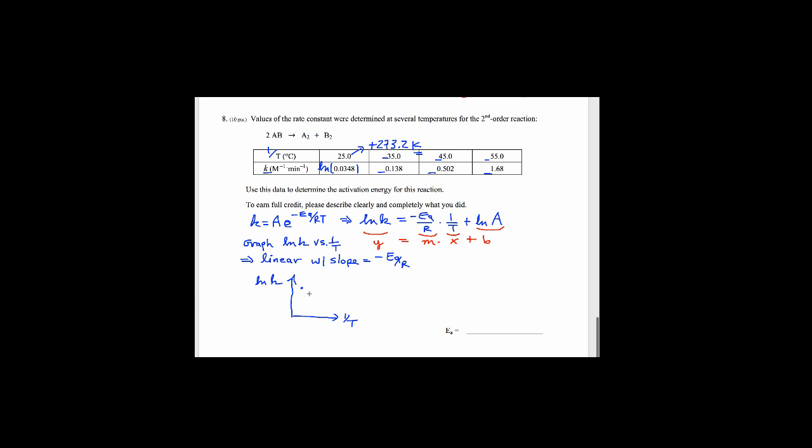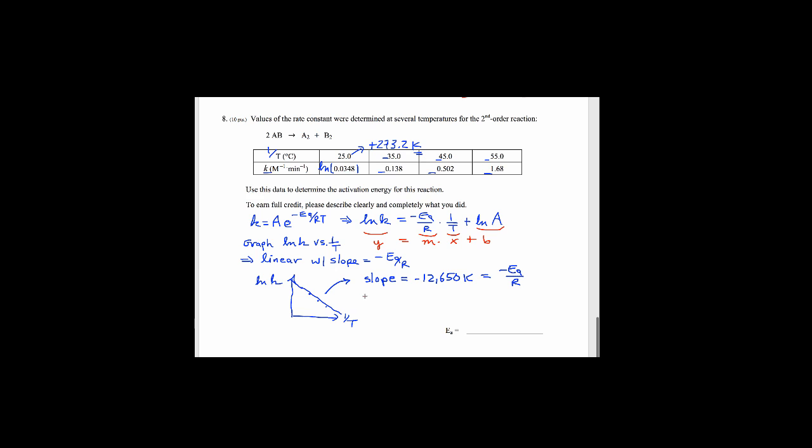And if we do that graph, we get a pretty darn straight line. And what we get for a slope when we make this graph is about negative 12,650 Kelvin, and that's equal to negative E sub A over R.